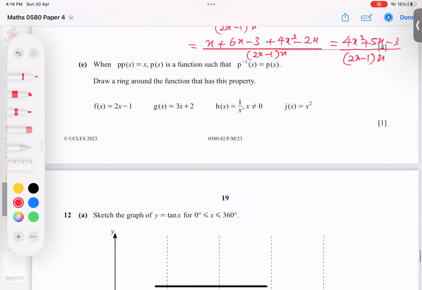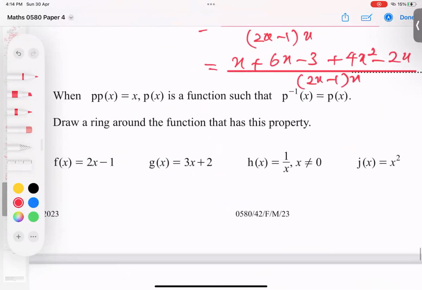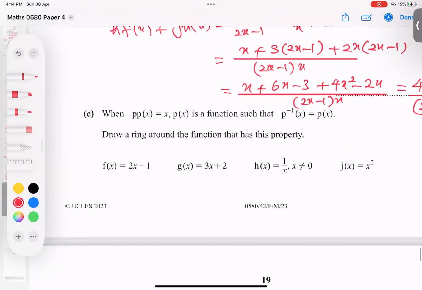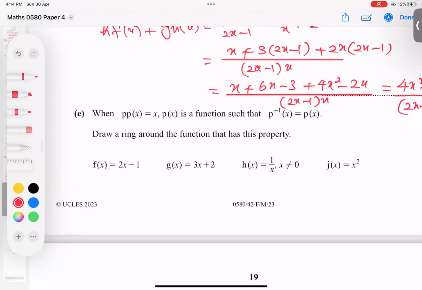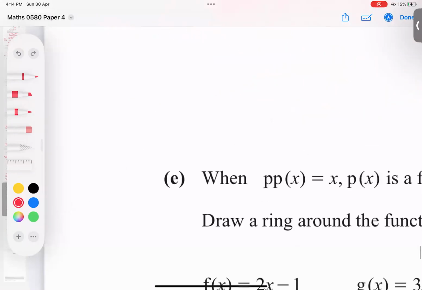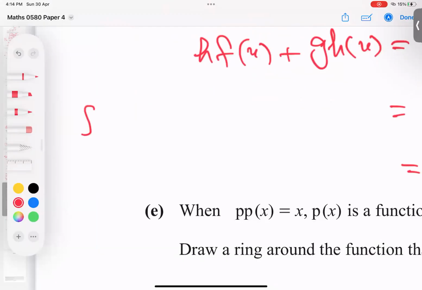Correct. Okay, so let's talk about this question. What a question he's saying here. Draw a ring around a function that has this property. So P of x is, it means he's saying he put P in P, he got x. So, students, we had done it already that whenever f inverse and f, we plug in each other, they will cancel out and the answer is coming as this number.